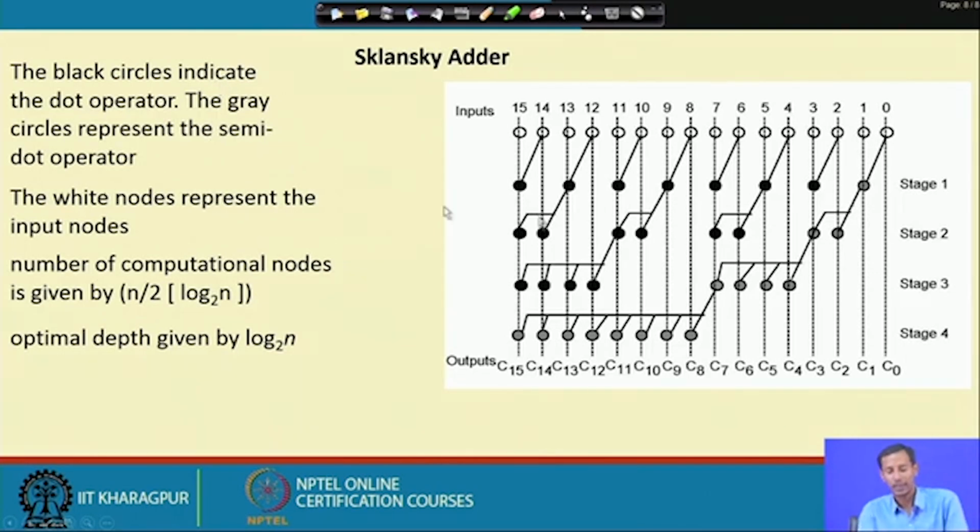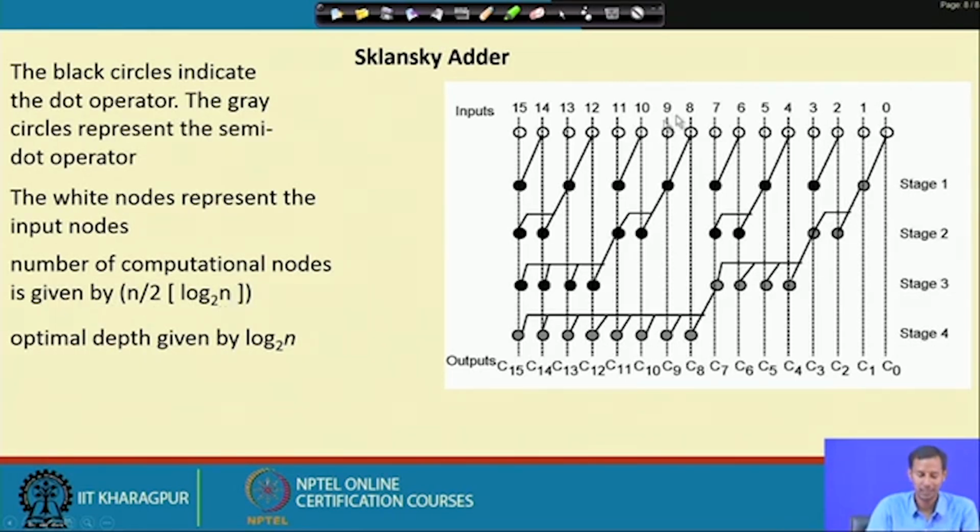Okay. So, here in this case, if we consider this particular Sklansky adder, this is the DFG of the Sklansky adder. The number of computational nodes will be n by 2 times log 2 base n.